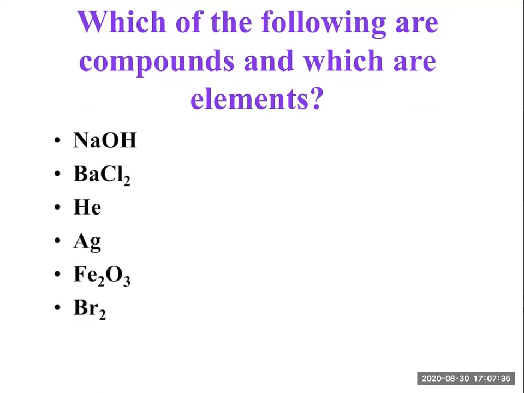Okay, so note here, because here it's one element, two elements, three elements, this will be considered a compound. This also is a combination of two different kinds of elements. It will also be considered a compound.